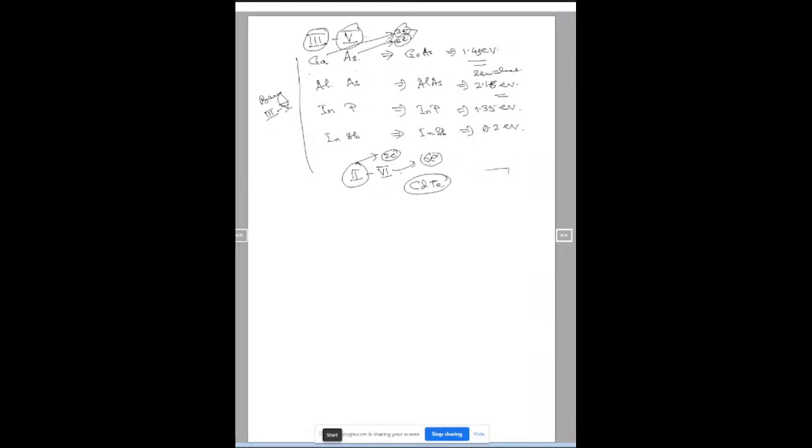But what will be the crystal structure of this semiconductor? This crystal structure will be a little different from diamond structure because in silicon all atoms were silicon atoms, or in germanium all atoms were germanium atoms, and all of them were donating 1 electron to the adjacent atom to complete their covalent bond, right? So this was purely a covalent bond, but in the case of 3,5 material, it is partially ionic and partially covalent.